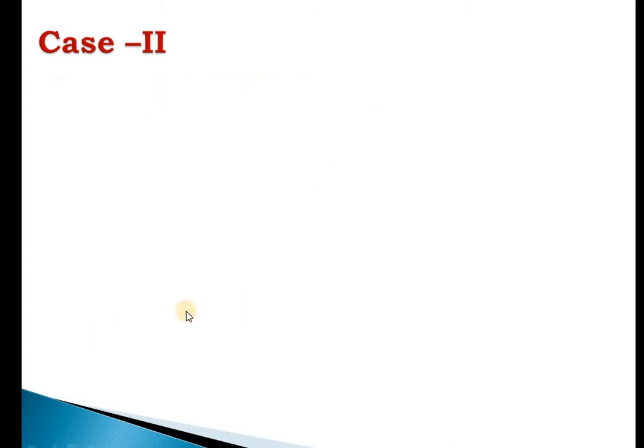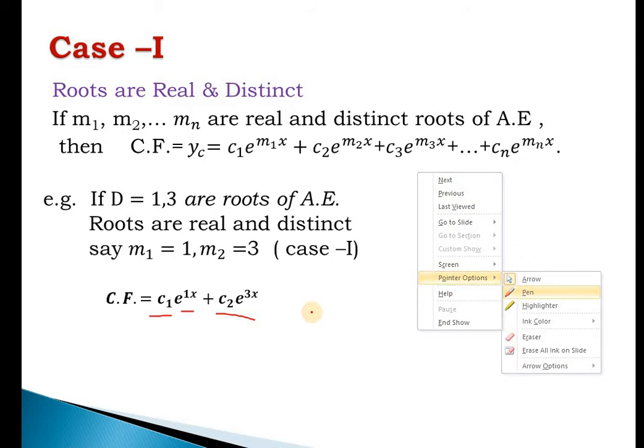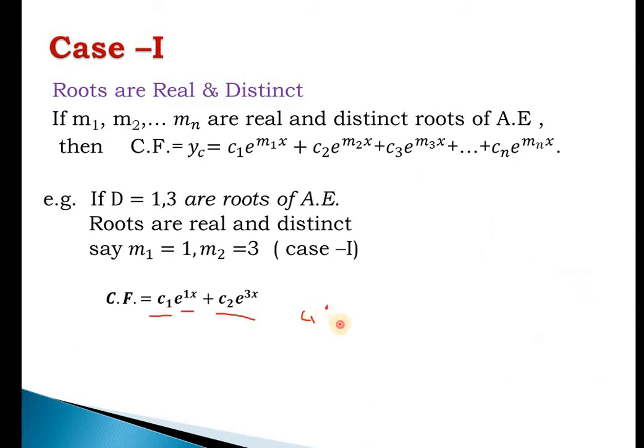So this is the complementary function if the roots are 1 and 3. Somebody can also write C1 e raised to 3x plus C2 e raised to x, no problem. This is also a correct complementary function. You can change the order of the roots.